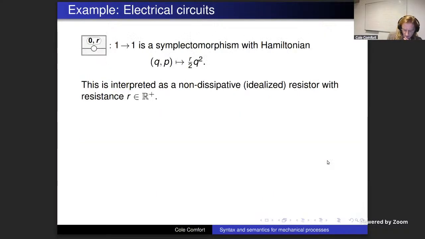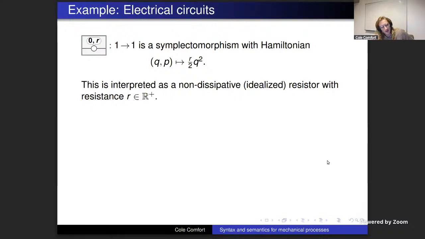So to give more examples, an engineer would say that a resistor doesn't dissipate energy, so it doesn't create heat, which obviously isn't true, but in practice, unless you're working on a very small scale or you're working with a lot of resistors, you can kind of ignore the heat which is dissipated.